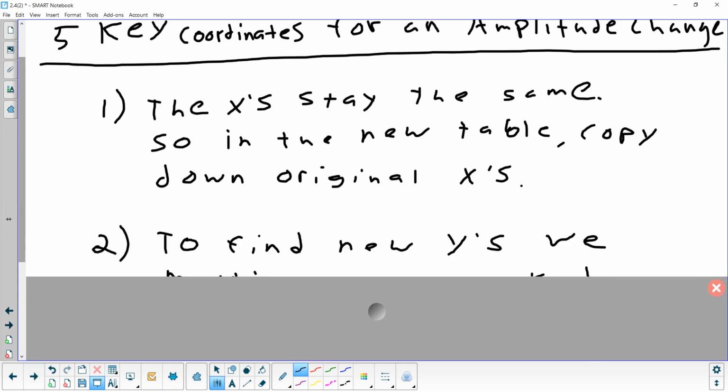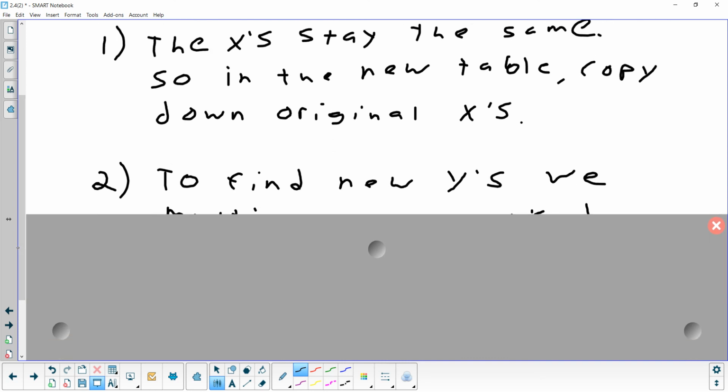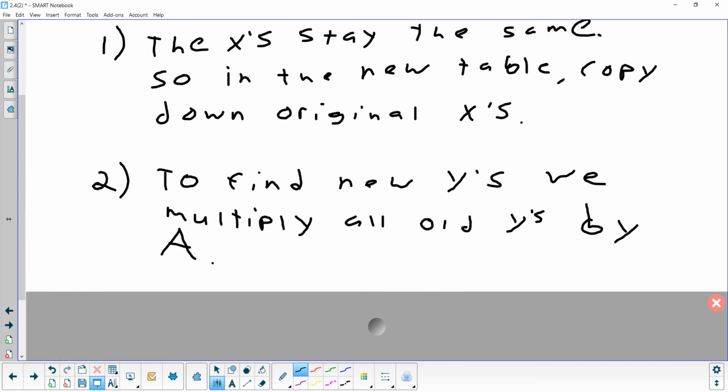So, what do we actually do? So the x's are staying the same. The y's are changing. To find the new y values, all you have to do is multiply the old y values by a. Notice there, I didn't say absolute value of a. I just said a.